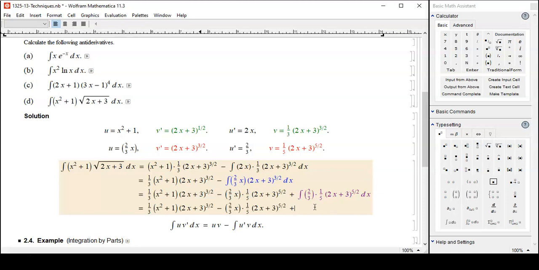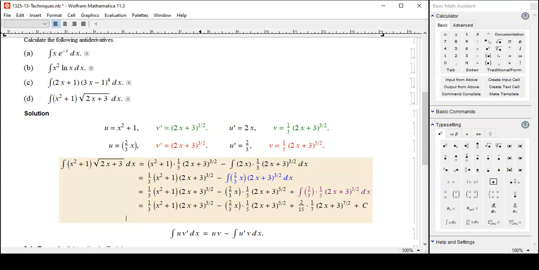And let's do this one. 2/15 times (2x plus 3) to the 7/2 power, adding 1. And then we need to divide, so 2/7, and then extra 1 over a, so 1/7. Looks like this is the answer.